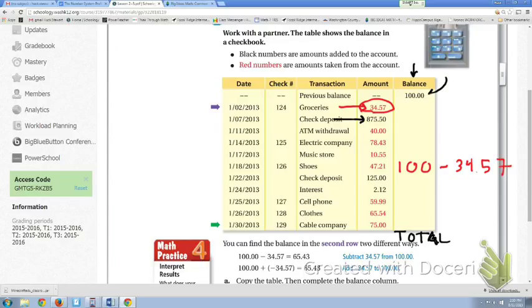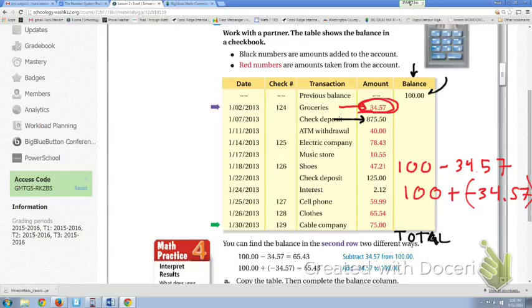But in a way, you can also think of this as the same. Every subtraction problem can really be considered as an addition problem. This is like saying $100 plus a negative $34.57. Every expense can be considered a negative number.